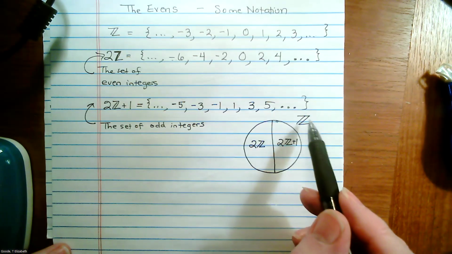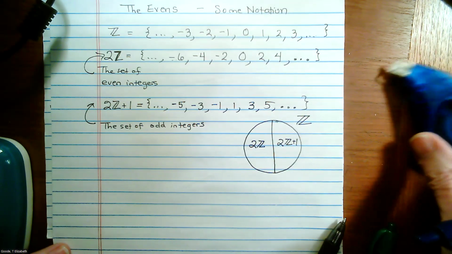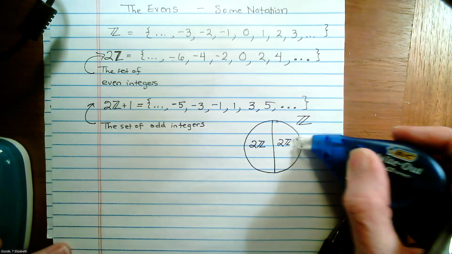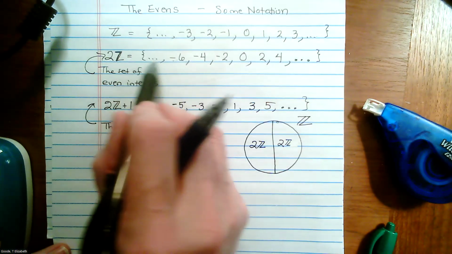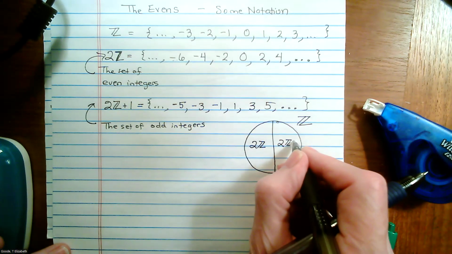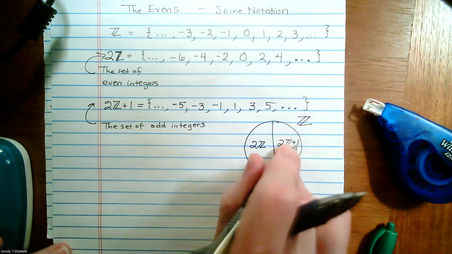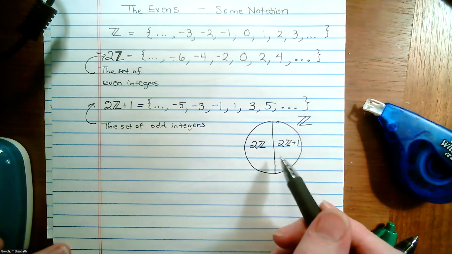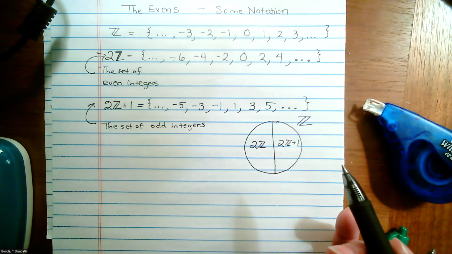Here we're just looking at integers, we're dividing them by 2, and we're basically asking what's the remainder when we divide an integer by 2. Well, it'll either be 0 if the integer is even, or it'll be 1 if the integer is odd. But the divisor could be 3 or 5 or any integer greater than or equal to 2.